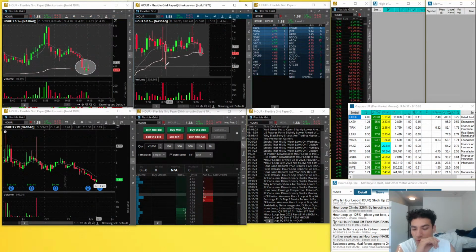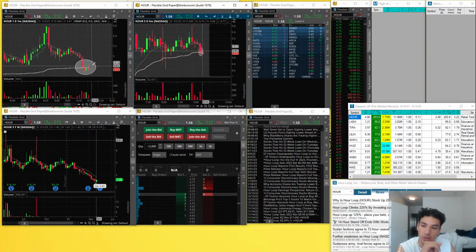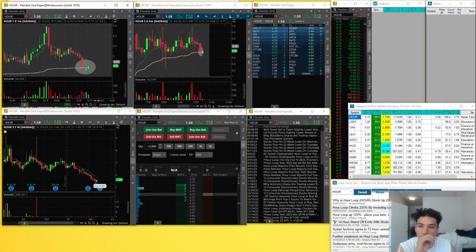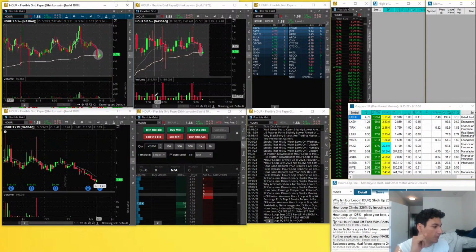As we see here, the VWAP holds constant, and since here is strong, we're going to see how this reacts and whether the buyers can push that price up. Of course, there's no news for this stock really.